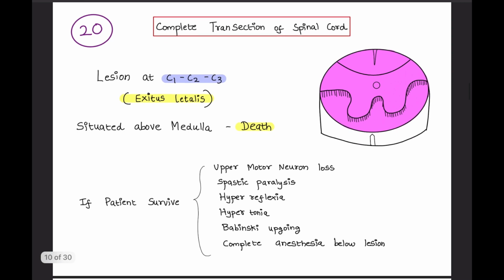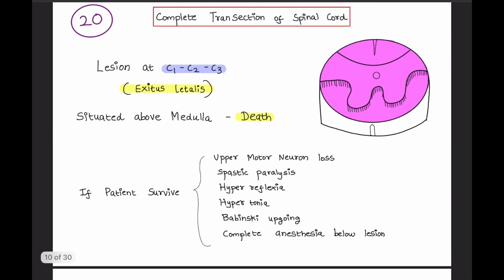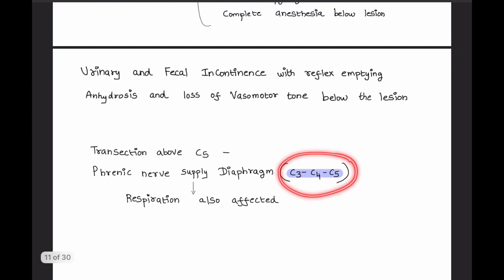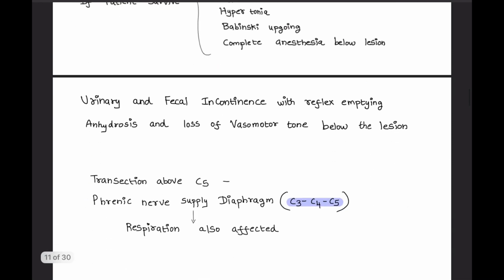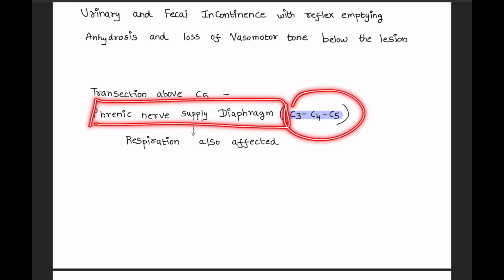Please note that if the transection is above C5, that is in C3, C4, C5, the respirations are also affected. That's why there is immediate death because of respiratory arrest, because the phrenic nerve supplying the diaphragm arises from these vertebrae, C3, C4, C5.